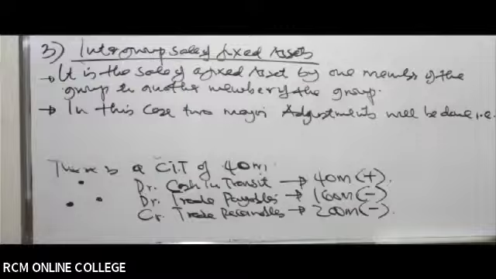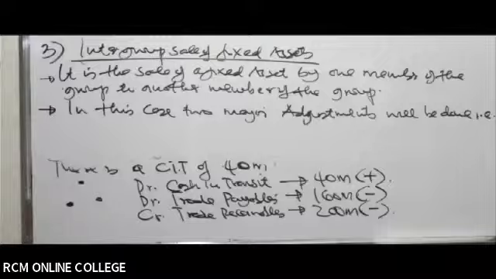First of all, the asset was actually sold at a profit, and that is majorly what will be common in the past papers. They'll tell you that an asset was sold to the other member of the group at maybe a profit. So you have to eliminate that profit.